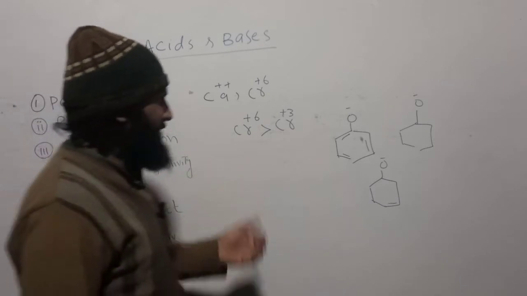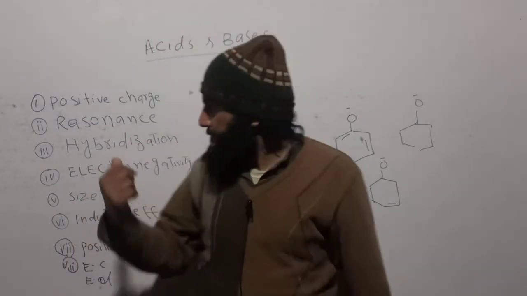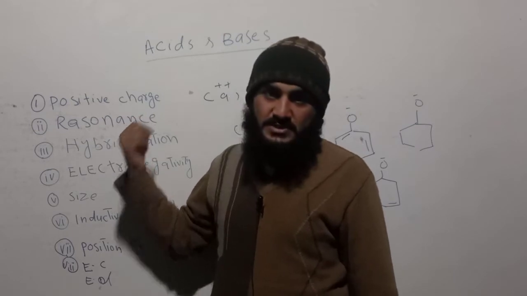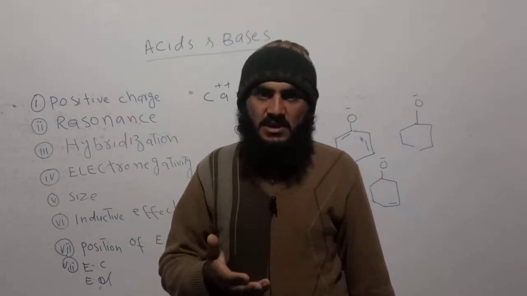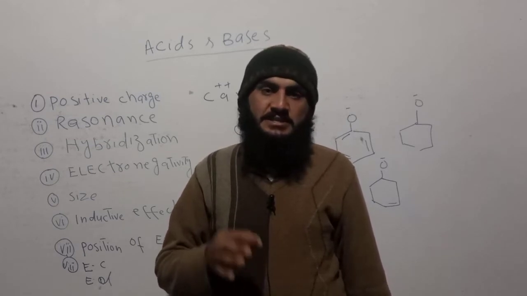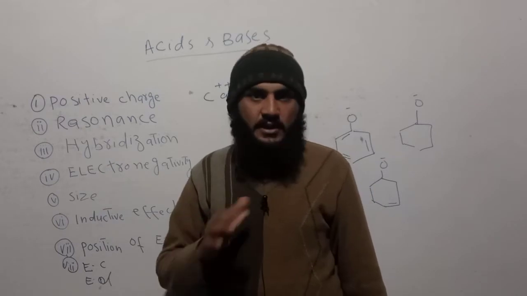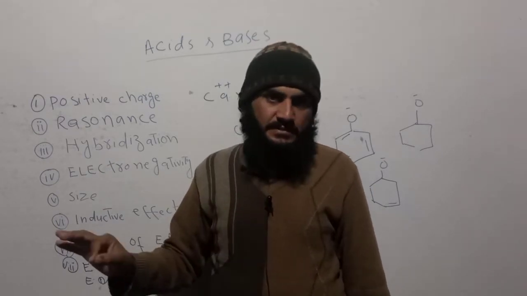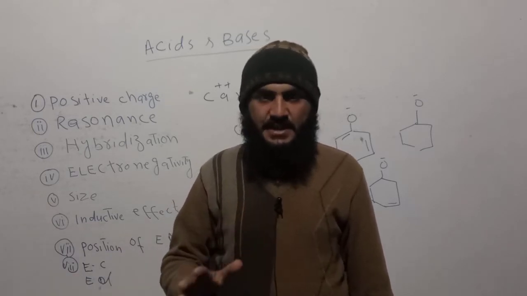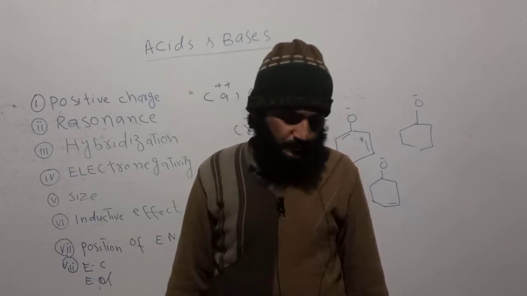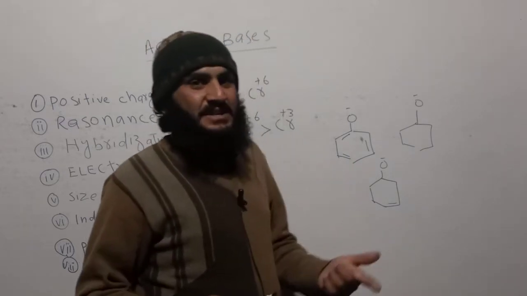Now you can see the resonance structures. A species having more resonance structures will be least basic in nature. A species having more canonical forms will be less basic. What is the reason?